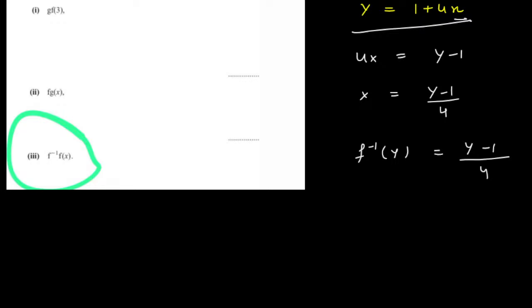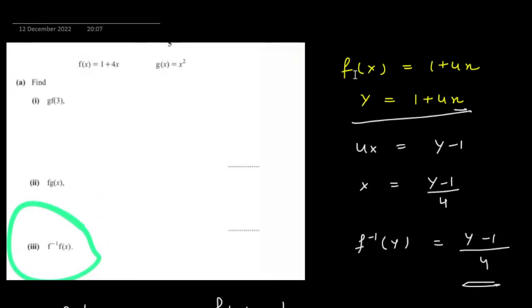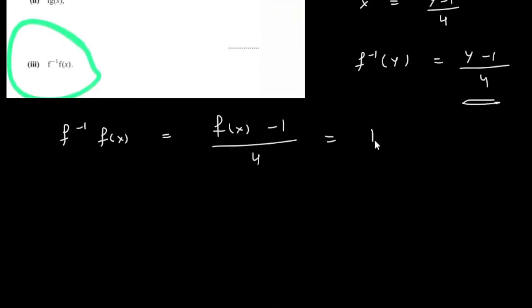So f inverse of f(x) means in this expression this y will be replaced with f(x), so it will be f(x) minus 1 divided by 4. Now f(x) is 1 plus 4x, so it is 1 plus 4x minus 1 divided by 4.